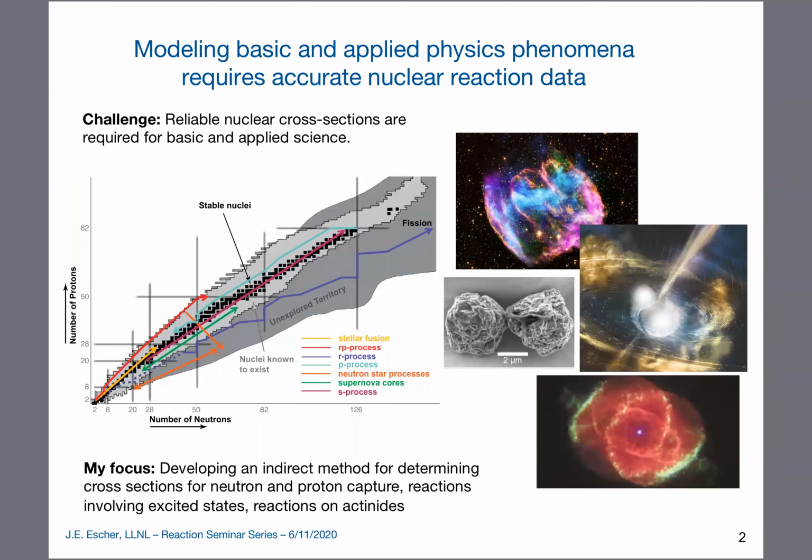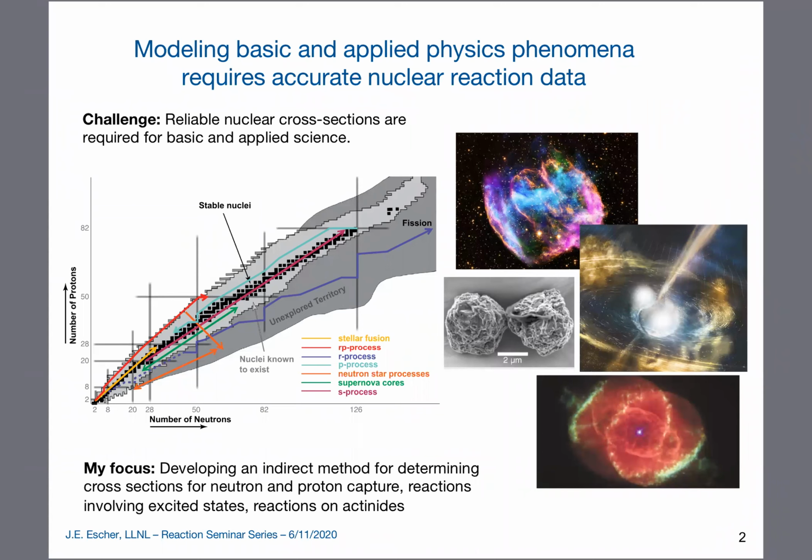Nuclear data, and in particular nuclear reaction cross sections, are critical ingredients for the computer simulations that are being performed in both applied systems and also nuclear astrophysics. For example, for nuclear power plants, we need simulations to safely engineer the power plants without wasting money for over-engineering.